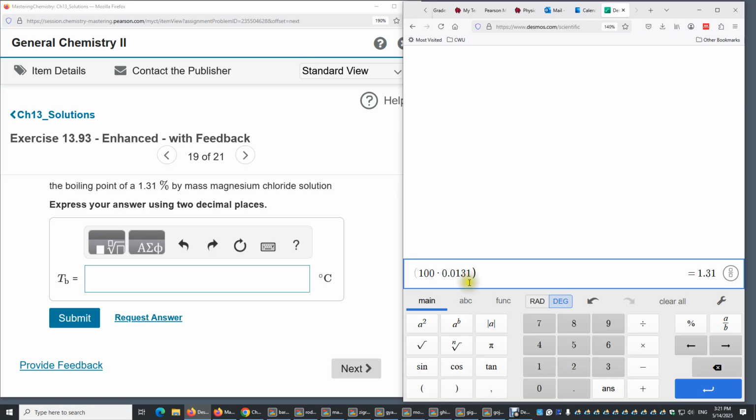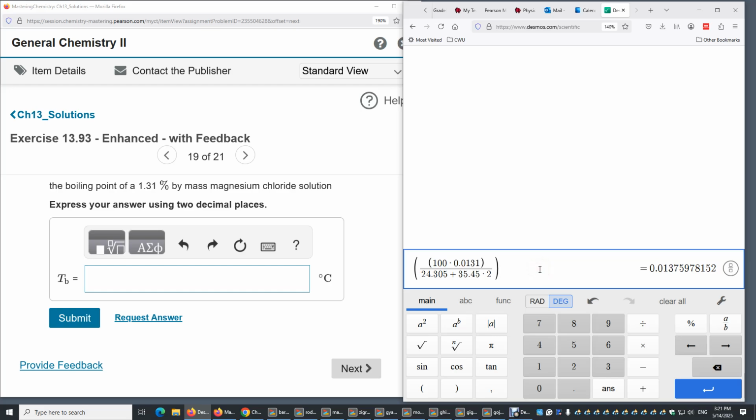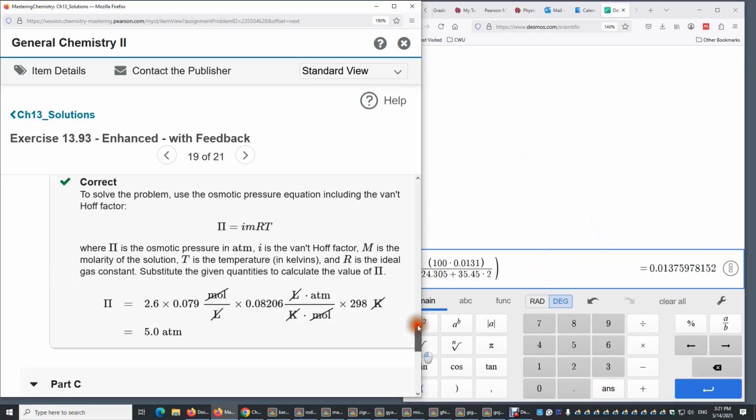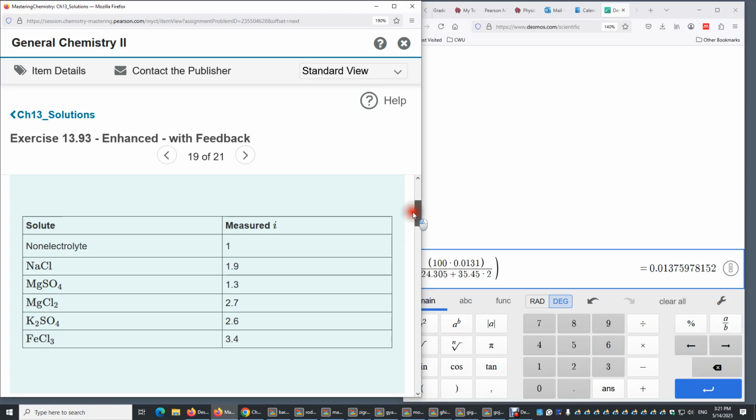Now we have the mass of magnesium chloride, now divided by its molar mass. Magnesium is 24.305. Chlorine is 35.45, and we have 2 of those. Now we have the number of moles of the solute multiplied by i, the Van 't Hoff factor, somewhere here, 2.7.